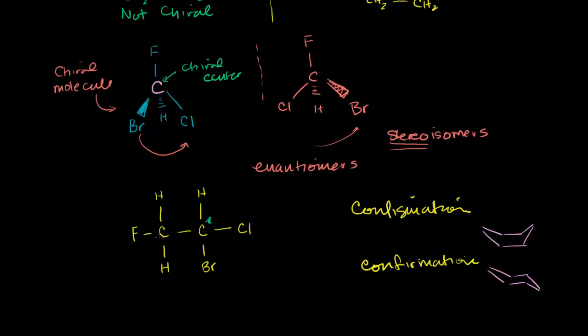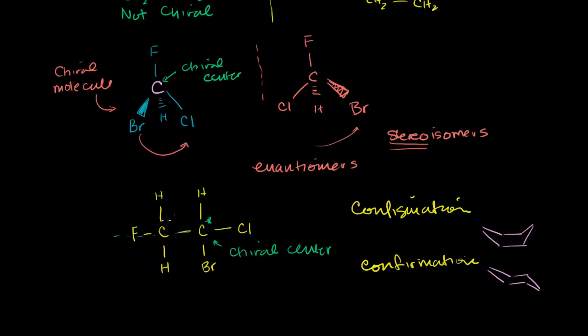But if we look at this carbon right here, it's bonded to a fluorine, another carbon, and two hydrogens. So it's not chiral. It has two of the same things bonded to it. You can even see a little axis of symmetry through it. You can flip it over, and it's going to be the same thing. But this one right here is a chiral center, or chiral carbon, or chiral atom, or asymmetric carbon. You'll see it used in different ways.